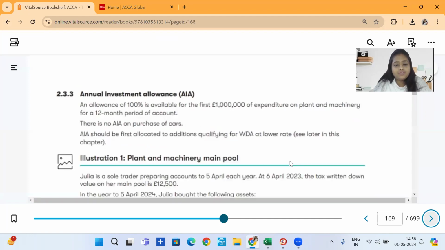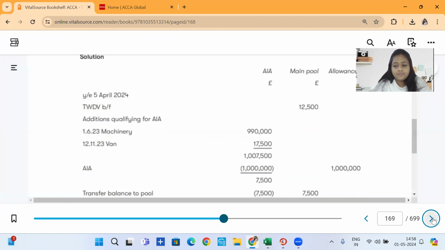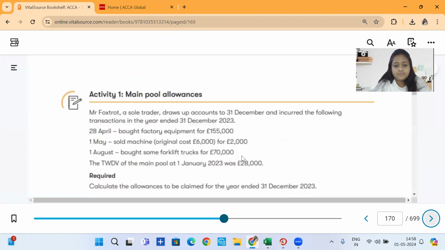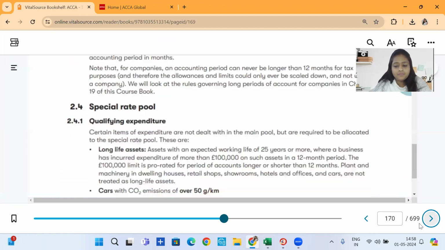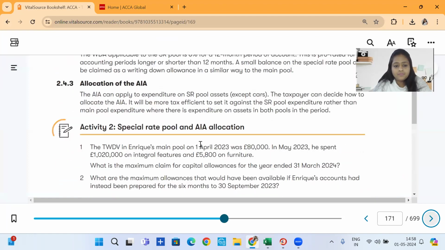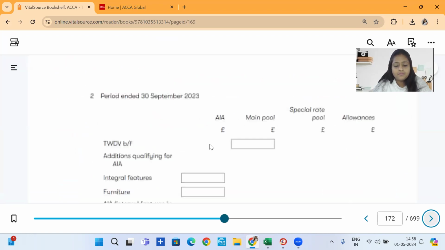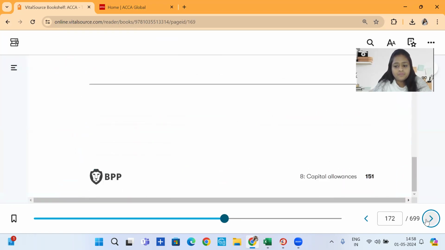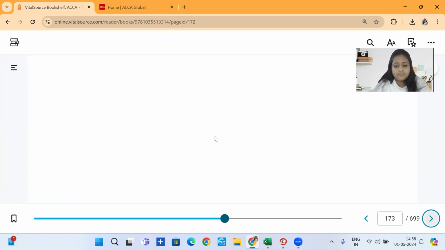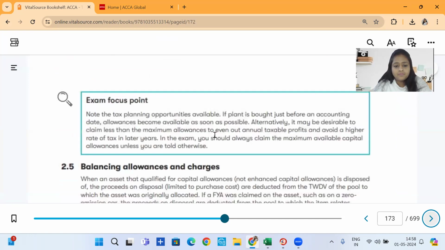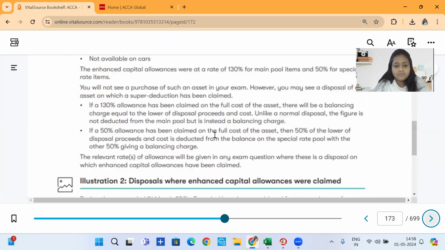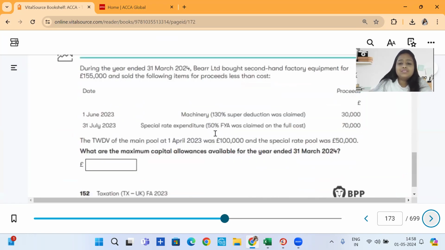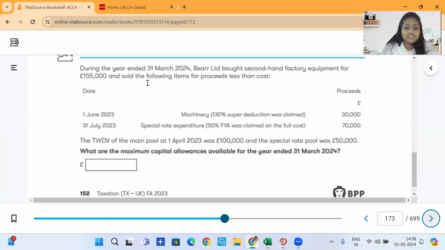Let me just take out one question. So let's discuss this illustration and be very clear about the applicability of these changes.